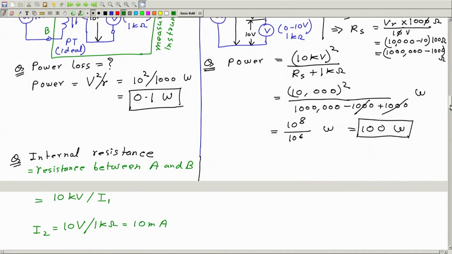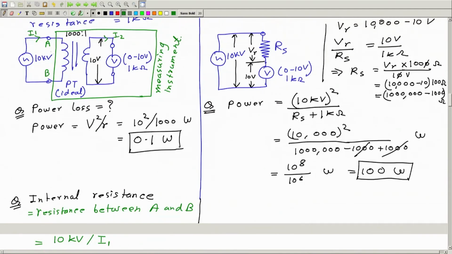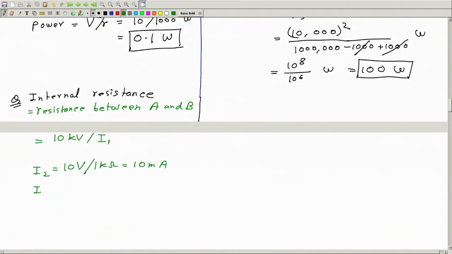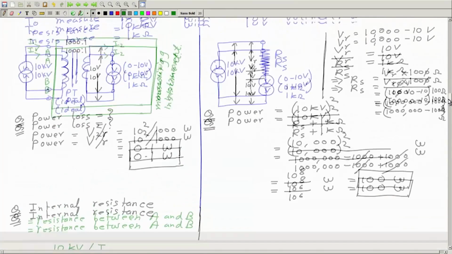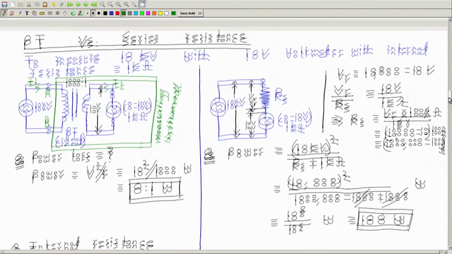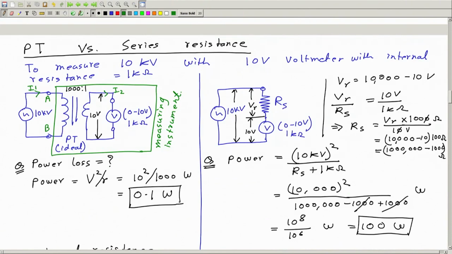Then this I1 will be, since we know I1 N1 is equal to I2 N2, I1 will be I2 N2 by N1. Now I2 is 10 milliampere and N2 by N1 is 1 by 1000.